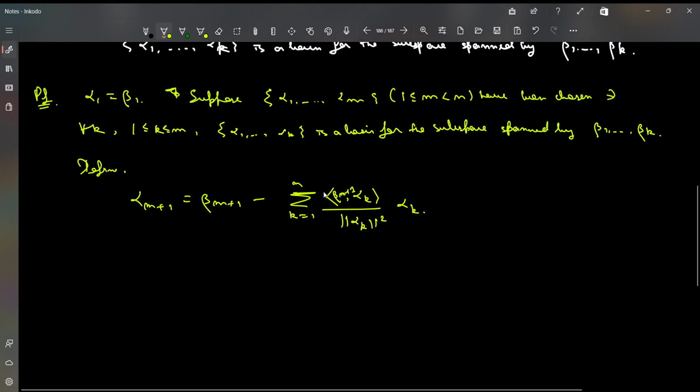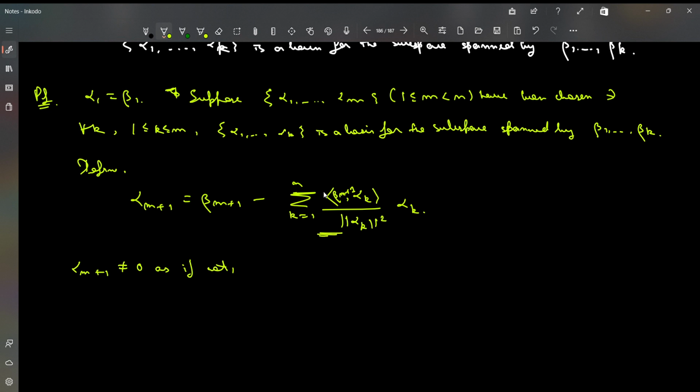Okay. So now, the first thing we need to observe is whether alpha m plus 1 fits in our set or not. Firstly, alpha m plus 1 is non-zero. If not, then I can just bring this to the left hand side.